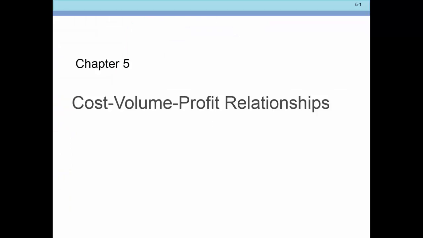Okay, so the primary thing that we're going to be focusing on here is break-even analysis. We're going to analyze how many units we have to sell in order to break even.